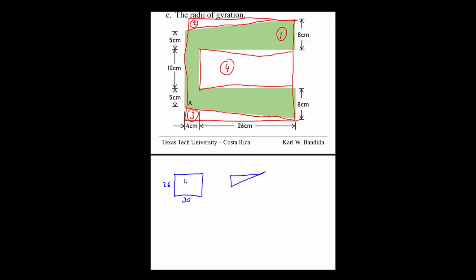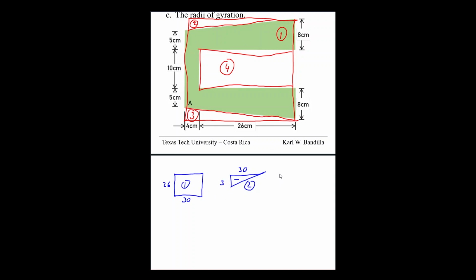All right, so this was 1. This is 2. This is negative because it's a hole, so we have to put a minus sign in there. Now these are also 30 in length. And the height of that one is 8 centimeters minus 5 centimeters, so 3 centimeters.